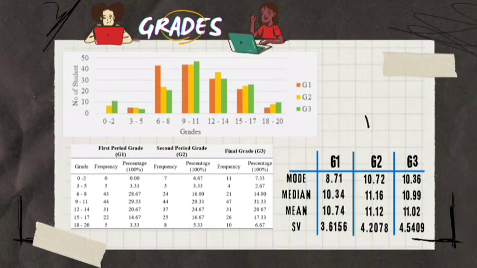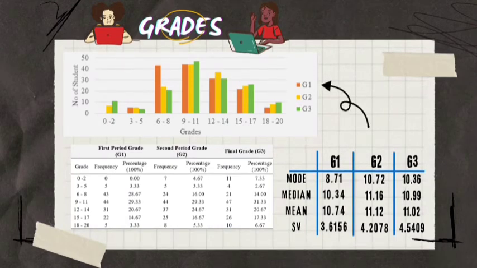The mean score for the second period grade is 11.2, while the first grade and final grade are 11.12 and 11.02 respectively. This shows that students got about half of the grade.